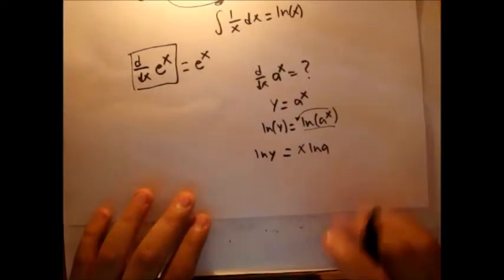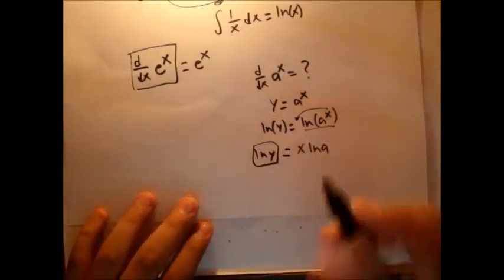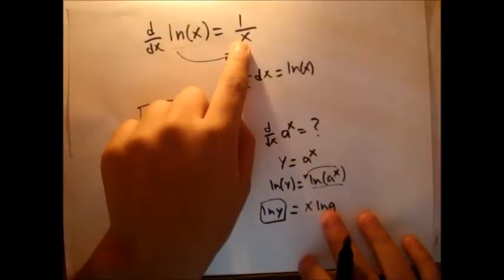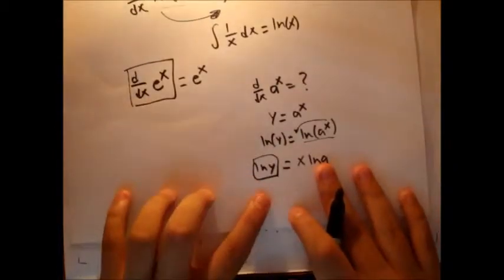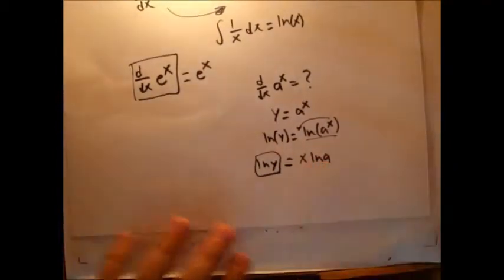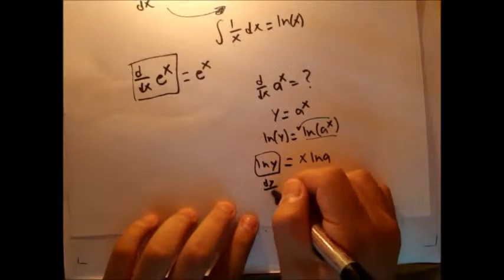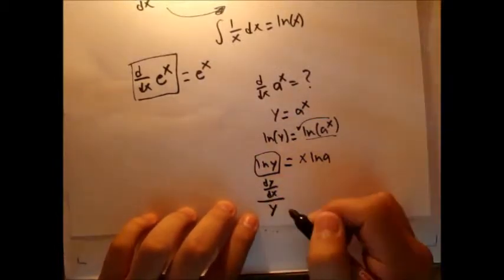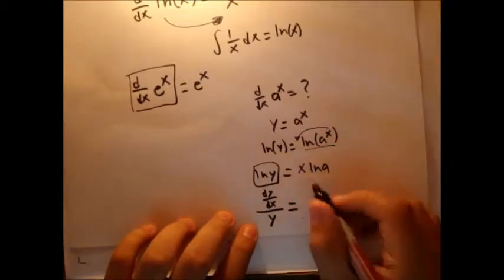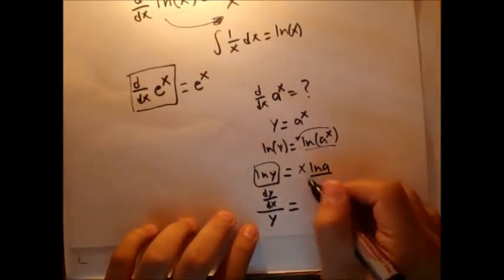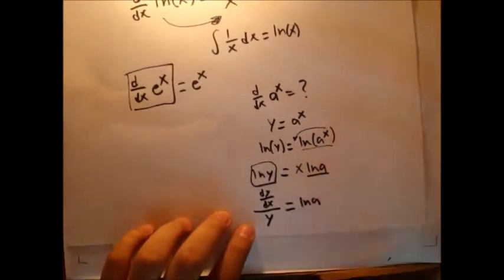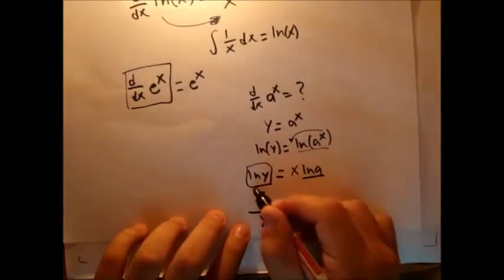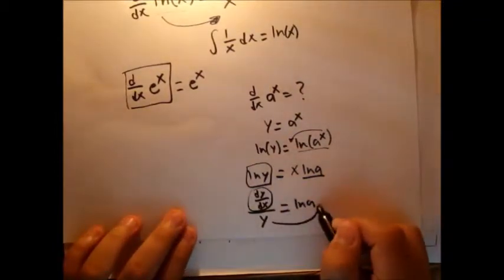Now you can just take the derivative. The derivative of ln y, as we've seen here, is just 1 over x. In this case, it will be the derivative of y over y. So, we write dy/dx, because of course it's with respect to x, over y equals, in this case, this is a constant, so it's just ln a. And now we want to isolate what dy/dx is. So we're going to move the y over here.